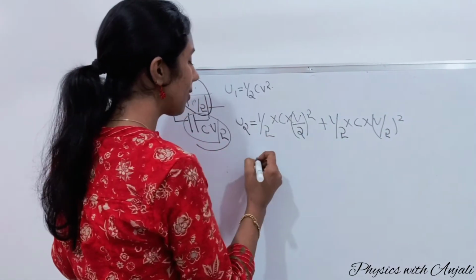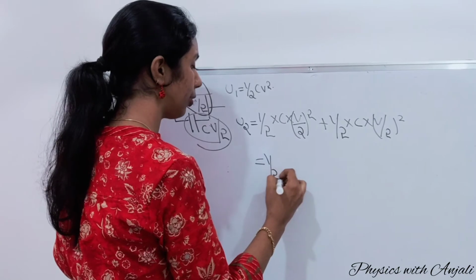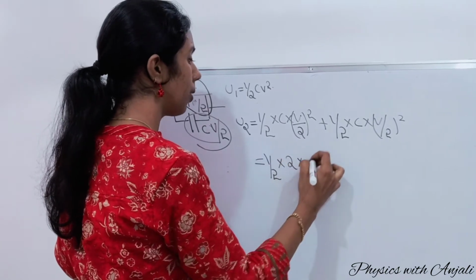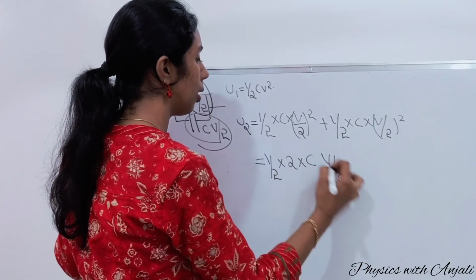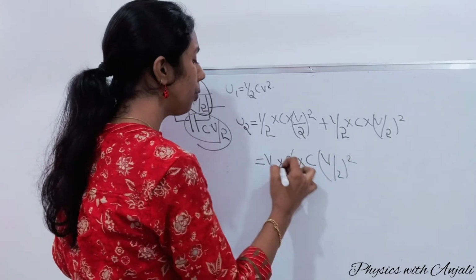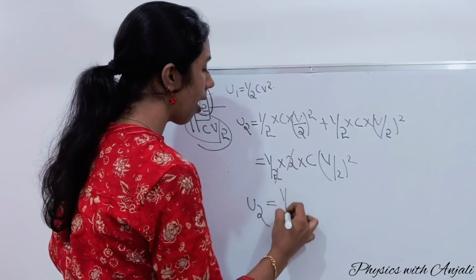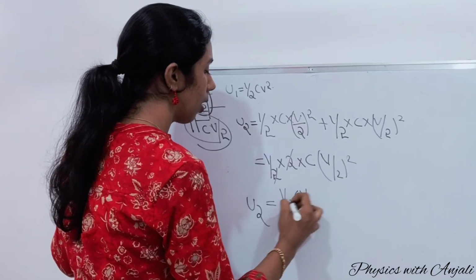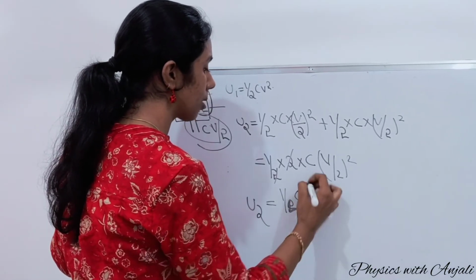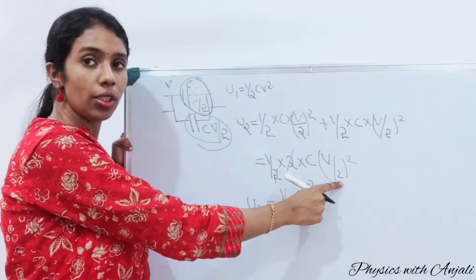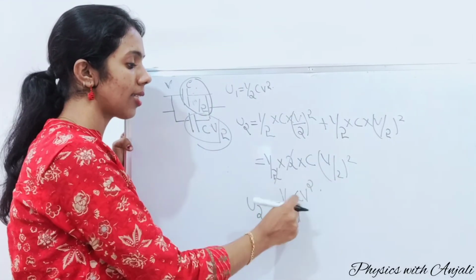Or I can write this as half into 2 into C into V by 2 the whole square, where 2 cancels, or we can write U2 as 1 by 4 CV square, because 2 square is 4.